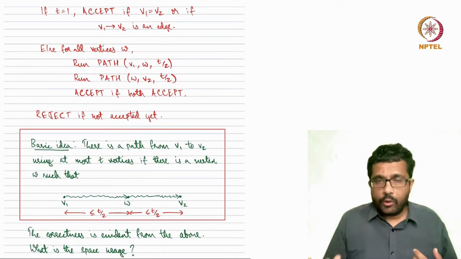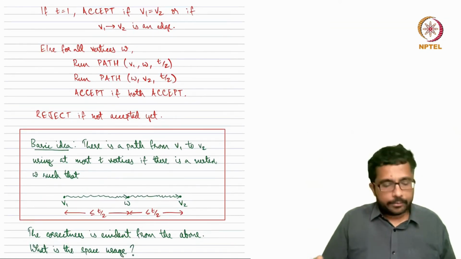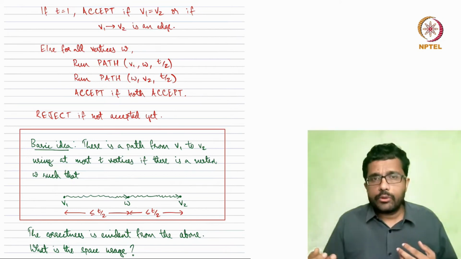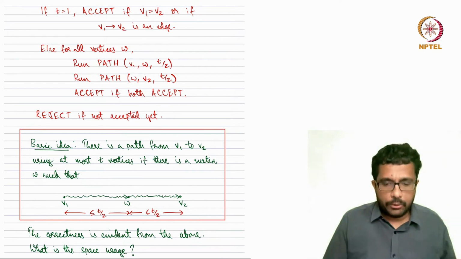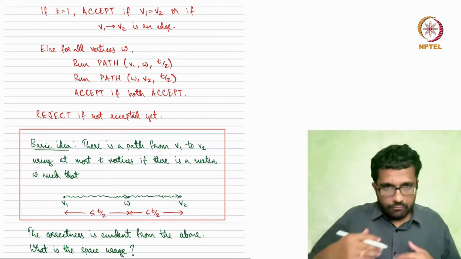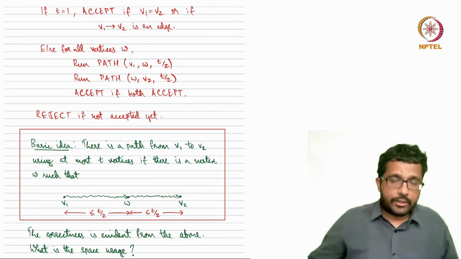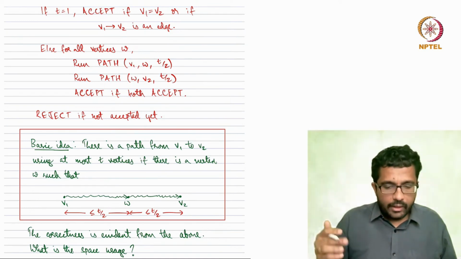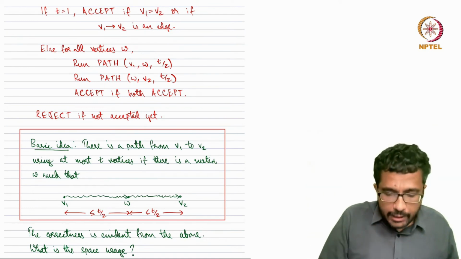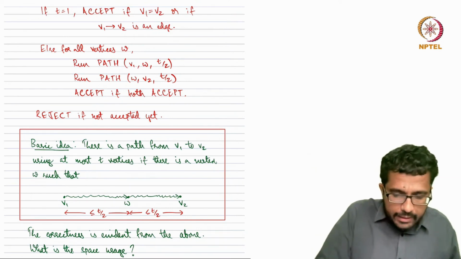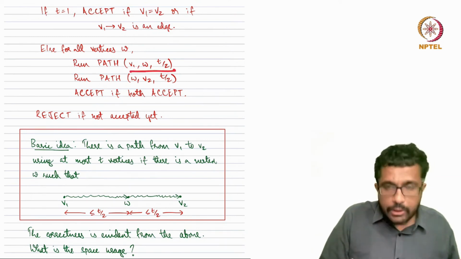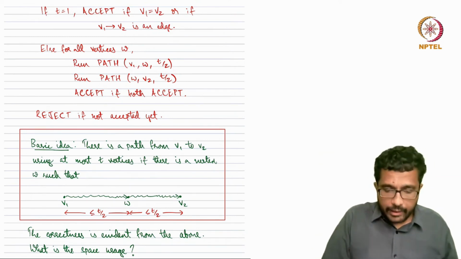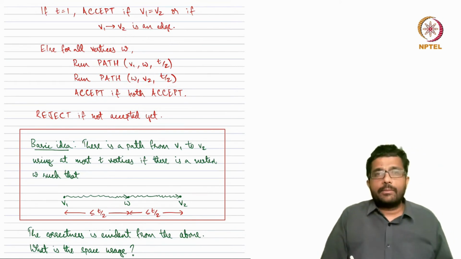So what is the W? We don't know that W. Because we don't know, we just try out all possible such W's. We go through the list of vertices one by one and see whether for any W there is a path from V1 to W of length at most t by 2 and W to V2 of length at most t by 2.